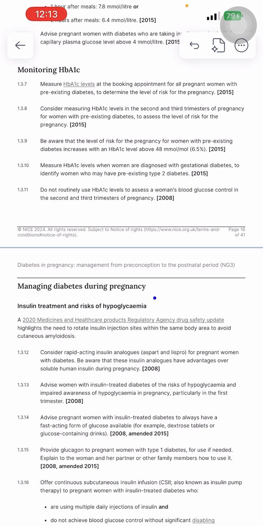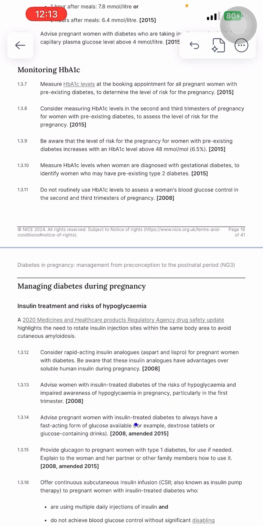Managing diabetes during pregnancy: insulin treatment and risk of hypoglycemia. Consider rapid-acting insulin analogs such as aspart and lispro for the pregnant woman with diabetes. Be aware that insulin analogs have advantages over soluble human insulin during pregnancy. Advise women with insulin-treated diabetes of the risk of hypoglycemia and impaired awareness of hypoglycemia in pregnancy, particularly in the first trimester.